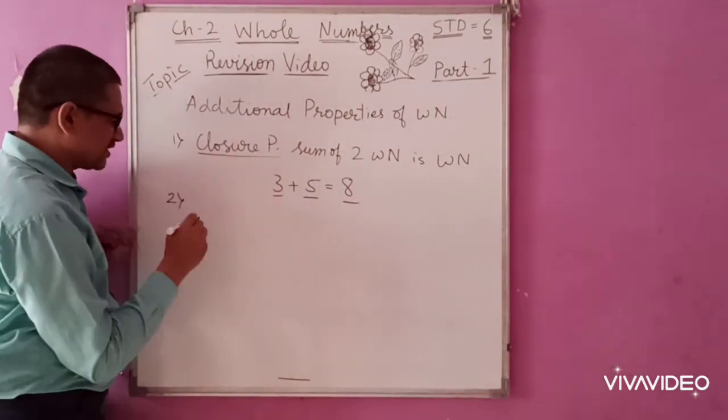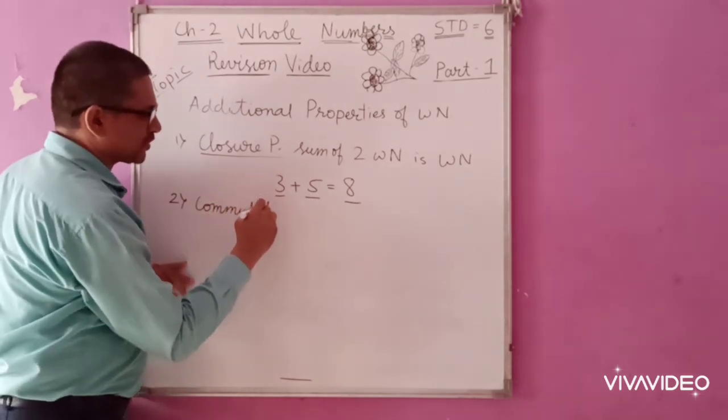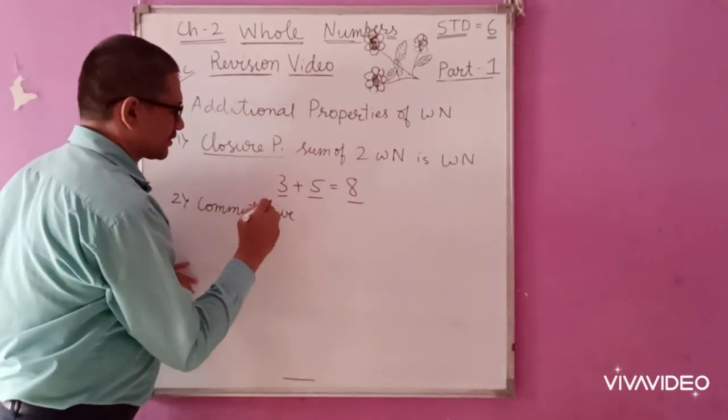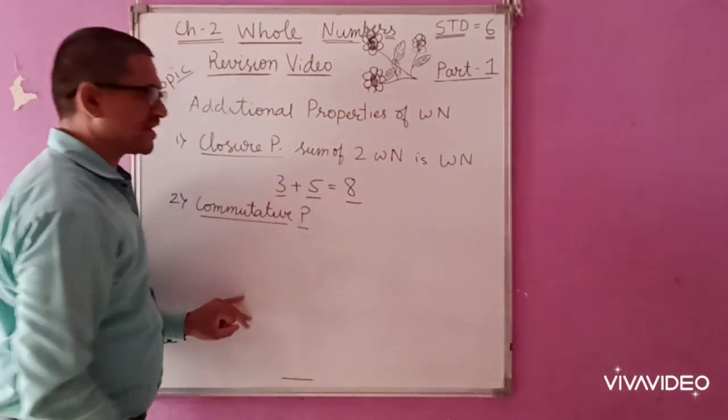Second property, commutative property. So what is commutative property?